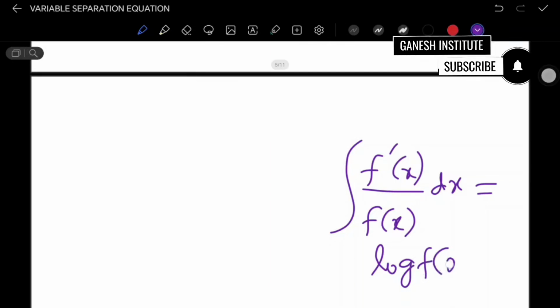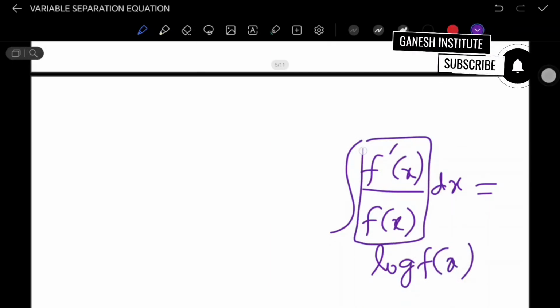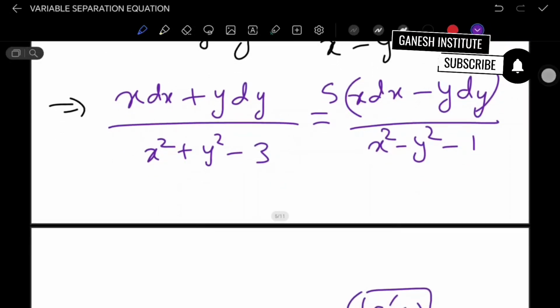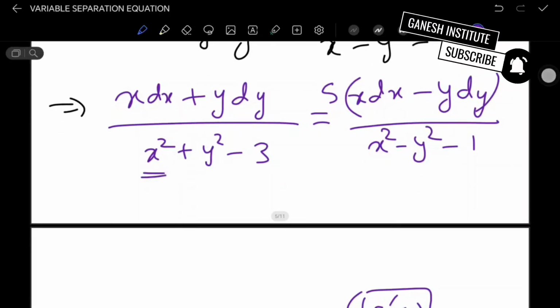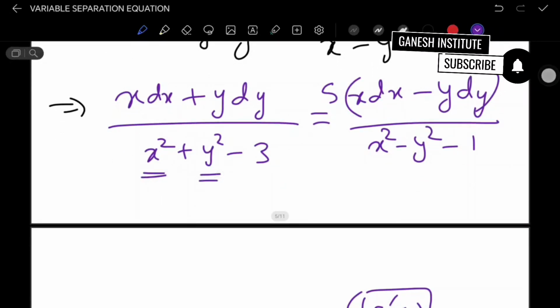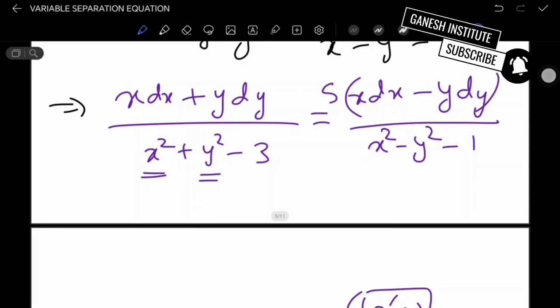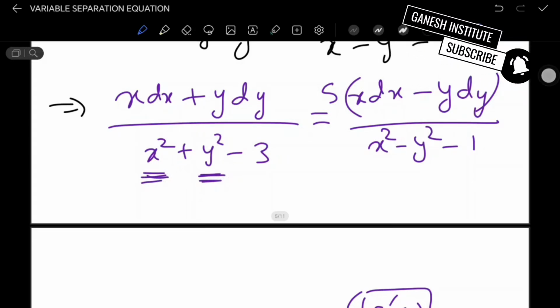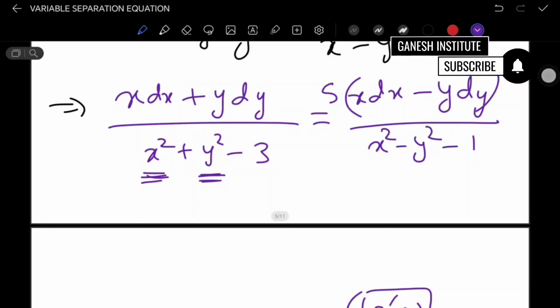Do you remember this rule? Integration of a fraction in which the numerator has the differentiation of the denominator, then the answer is log fx. So I'm trying to make that. So for that I need 2x and 2y in the numerator, correct? Differentiation of x square is 2x. Differentiation of y square is 2y dy with respect to x.